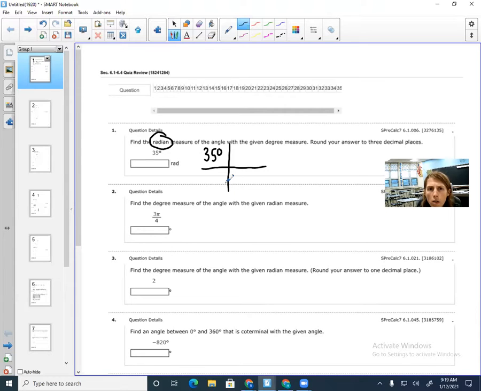What do you know about radians and degrees? Does anybody know what they know? What do you know about a degree in radians? Put it in your chat box.